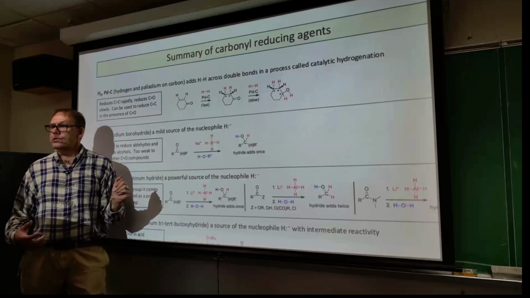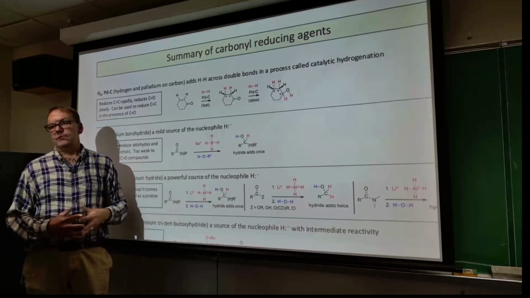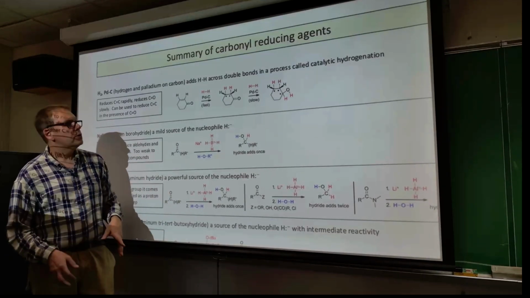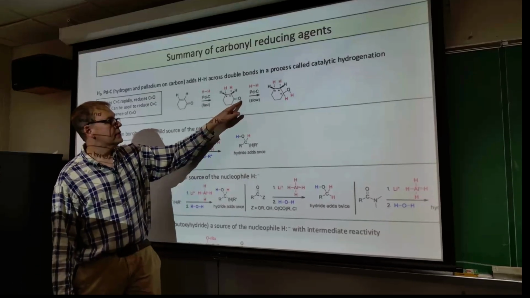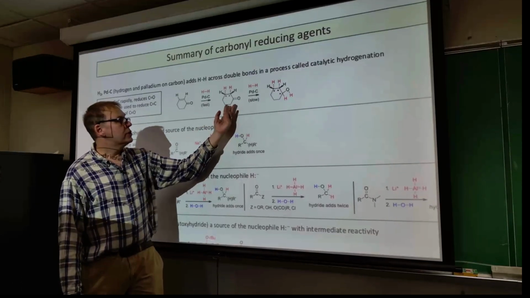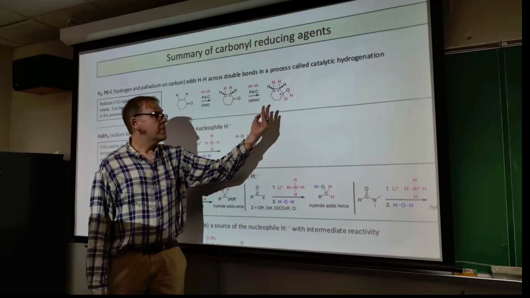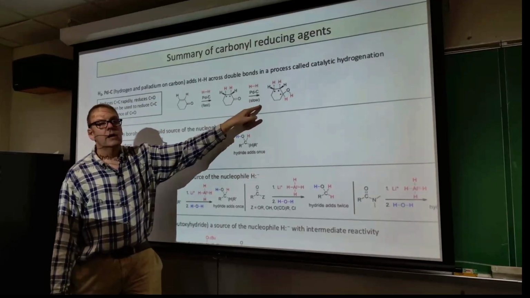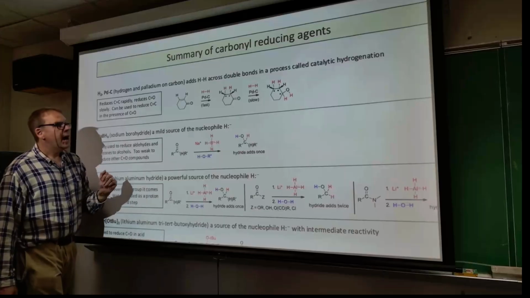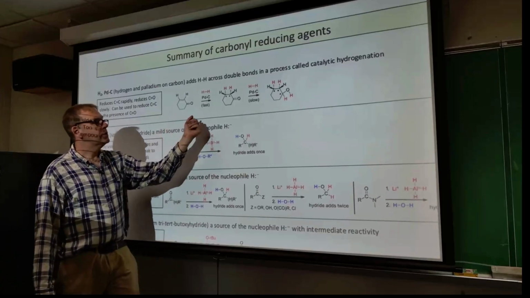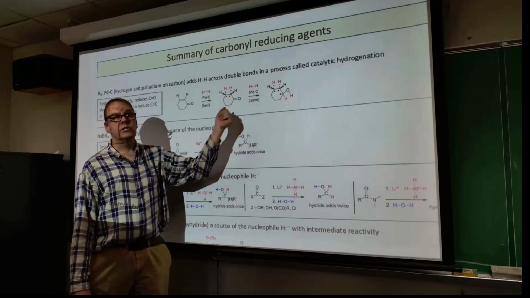Now, one of the things that's new for this chapter is that the reaction works with C double bond O as well. So it also adds across the C double bond O, adding hydrogen to each one of those atoms to give this species. But that's a lot slower. So the reaction is fast with carbon-carbon double bonds, slow with carbon-oxygen double bonds.